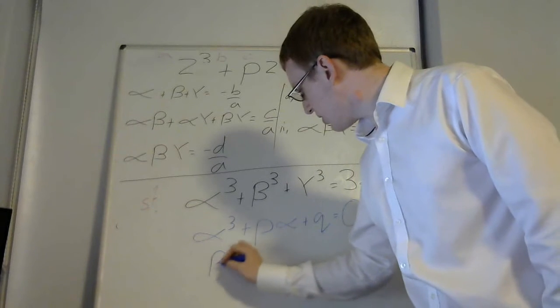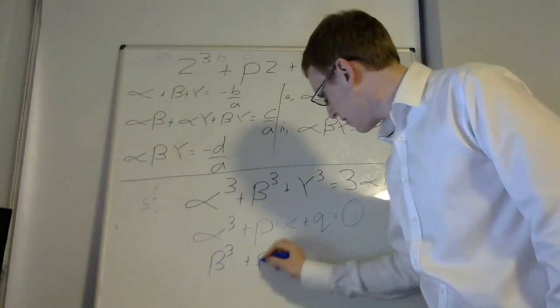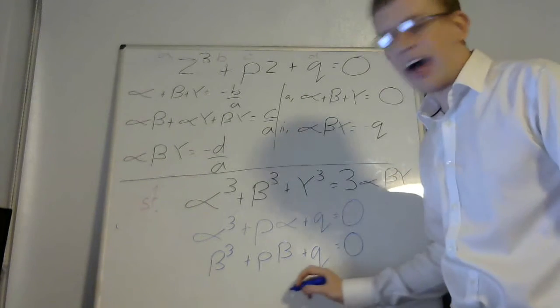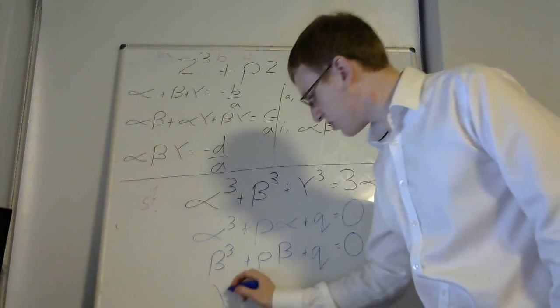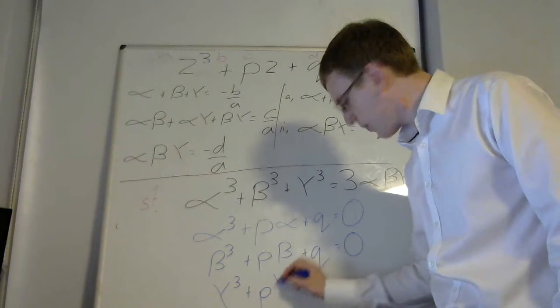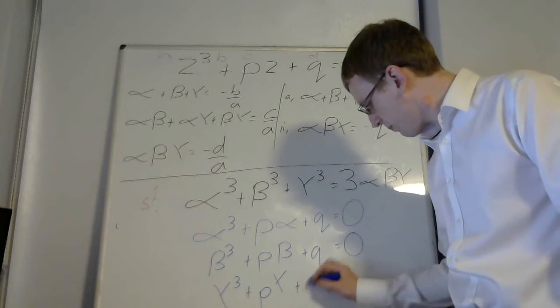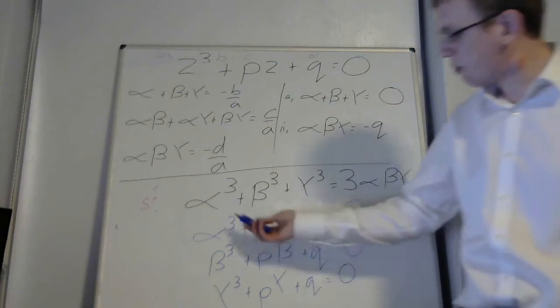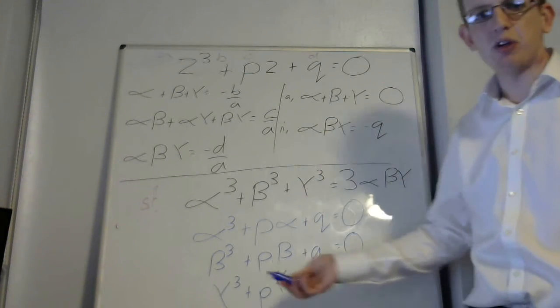So beta cubed plus p beta plus q is equal to 0. And gamma cubed plus p gamma plus q equals 0. So we've got 3 equations now with alpha cubed and beta cubed and gamma cubed in.